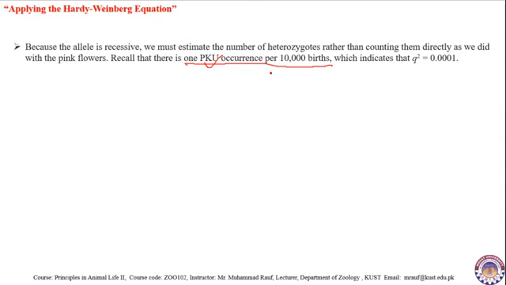So here we have one individual that is affected with PKU, and there are 10,000 individuals in the population. Now those 10,000 do have carriers also, and they do have individuals where both the copies are normal.